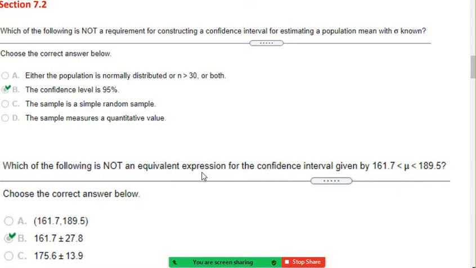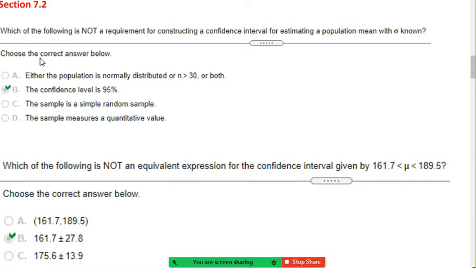All right. Now, one of these is not a requirement for constructing a confidence interval for the population mean with sigma known. Let's take a look at these things. Now, the requirements, the ones that we're going to worry about, is that our population has a normal distribution. Now, that can happen in a couple different ways.